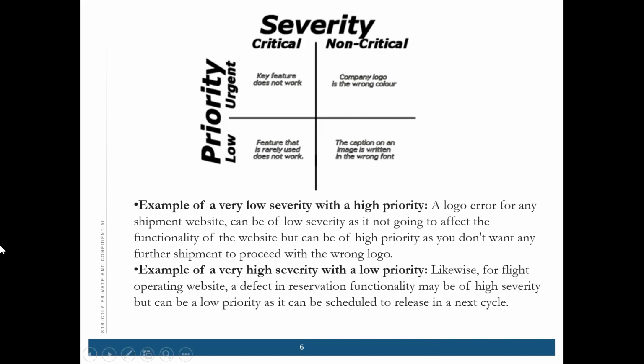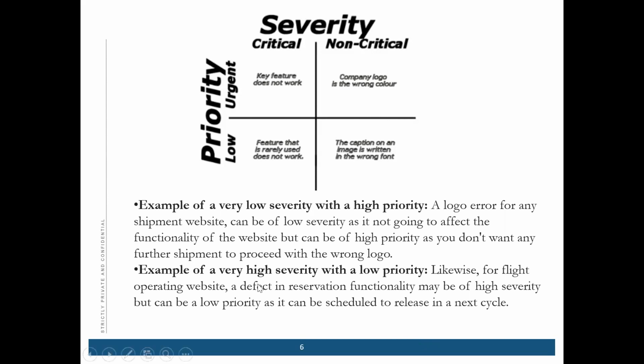It will take less time to resolve that defect, but it is impacting the user experience. If the logo is not correct, it is not a good experience for the user who is using that application. So that's why it is low severity, but it is a high priority issue that should be resolved immediately as per user experience.